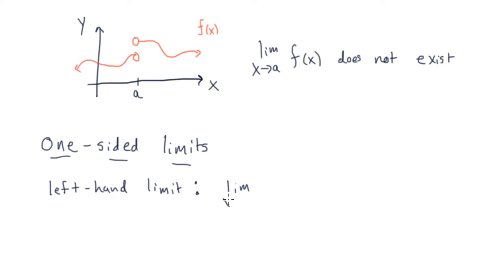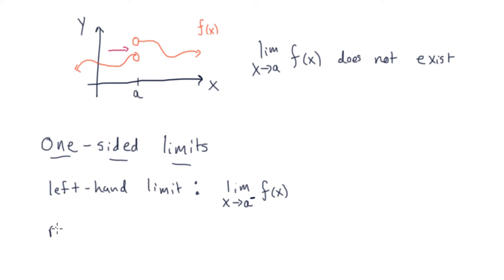It's the limit as x approaches a, and then I put a little minus sign in the superscript of the a to signify that I'm looking as x approaches a from the left. So you see that the limit of this function as x approaches a from the left of f of x will exist.